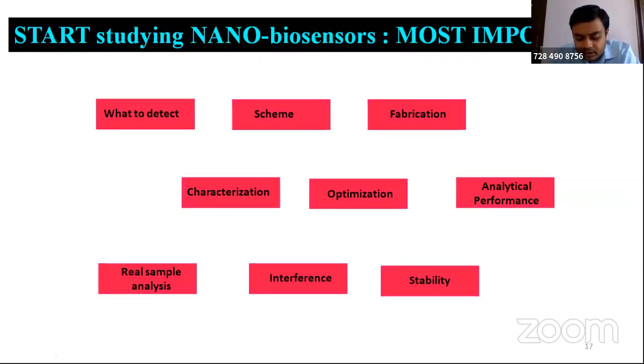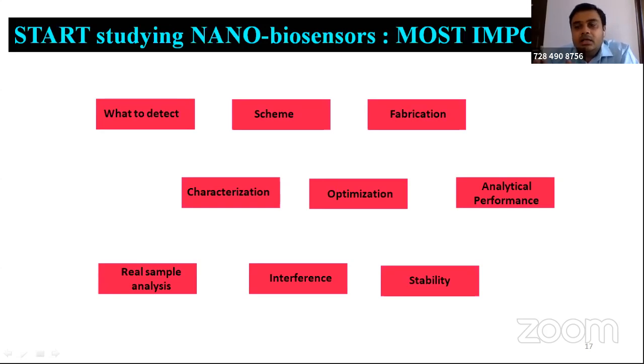So before going into more detail about the incorporation of the nanomaterial in the sensing system, there are a few more terminologies or approaches you have to understand. Whenever you are going to study a nanomaterial-integrated sensor system, you have to know what to detect. If you don't know what to detect, you cannot make a sensor, right? After this, you can go for the scheme generation.